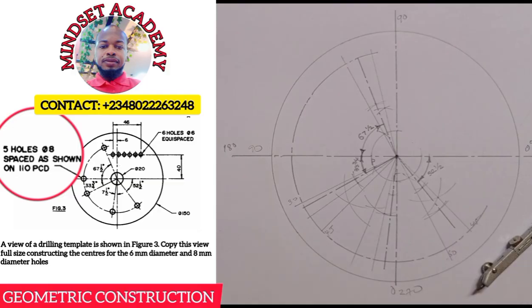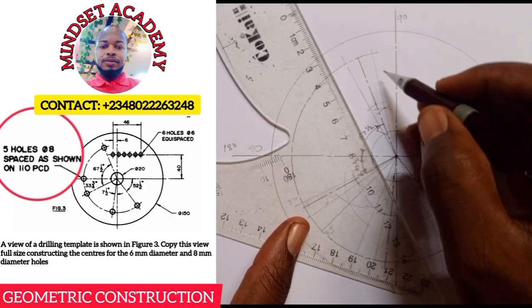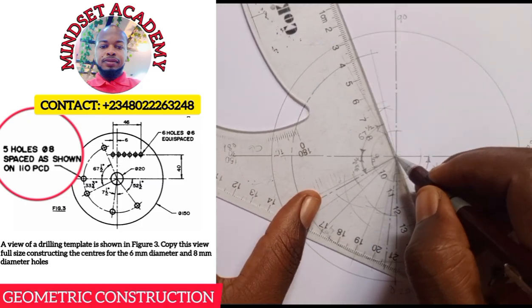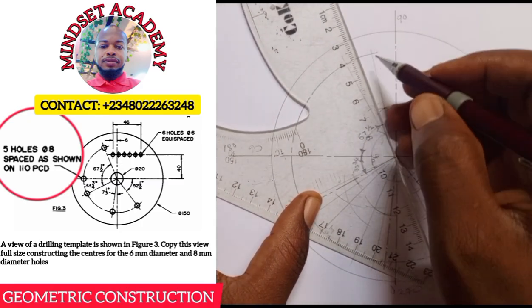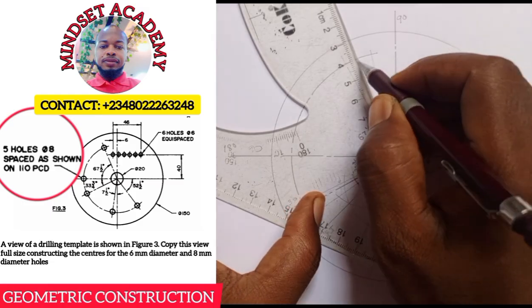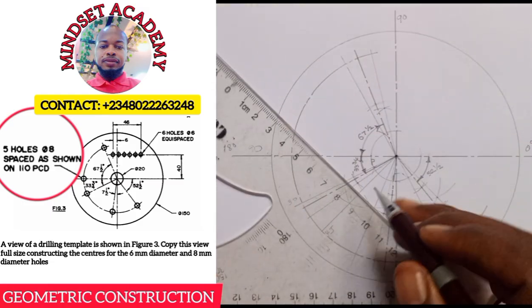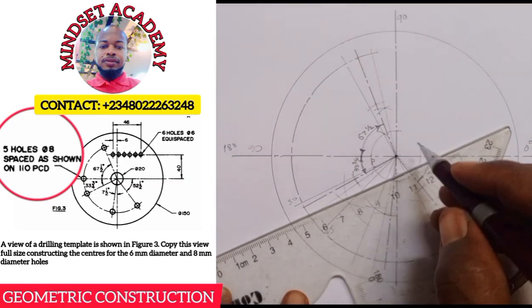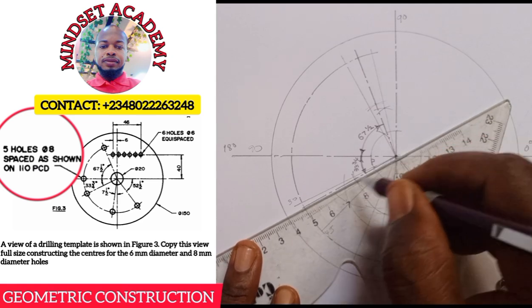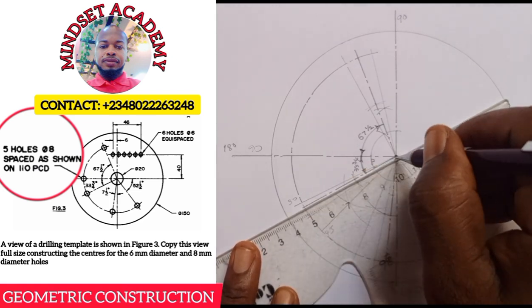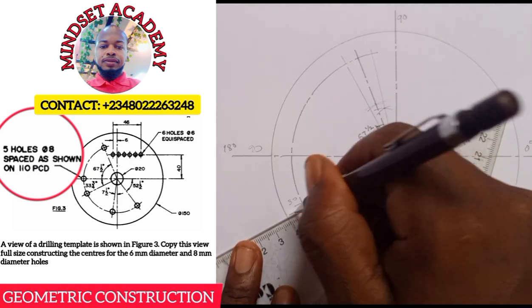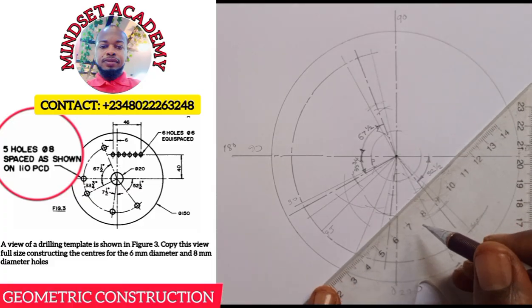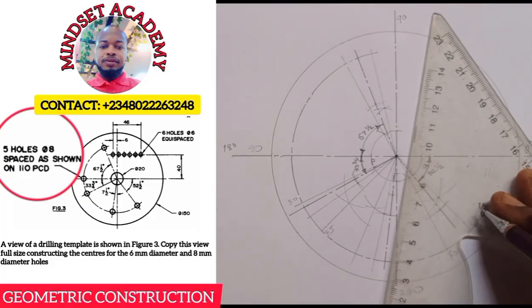That is what we have. Now, where this line intersects, you can see this point here. This is intersecting here. And this is intersecting here. So that will be the center of the circle that I want to draw.